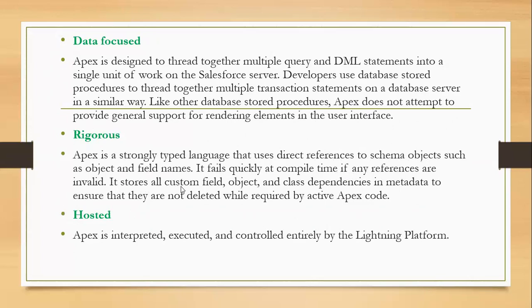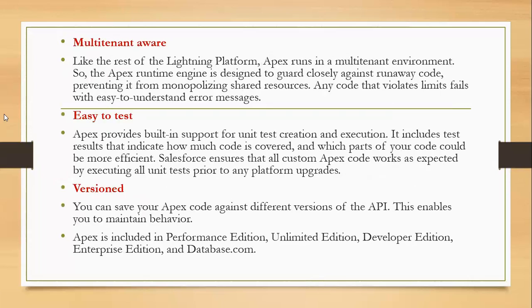It stores all custom field, object, and class dependencies in metadata to ensure that they are not deleted when required. Instead, Apex is interpreted, executed, and controlled entirely by the Lightning platform.